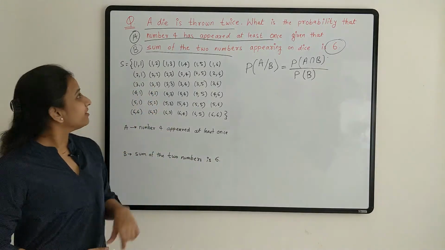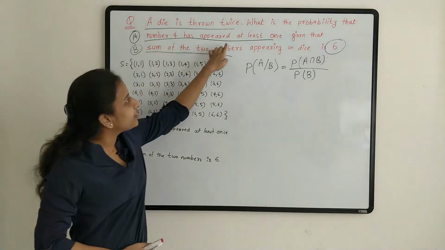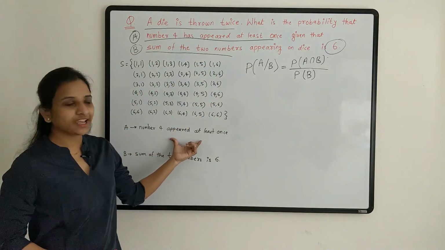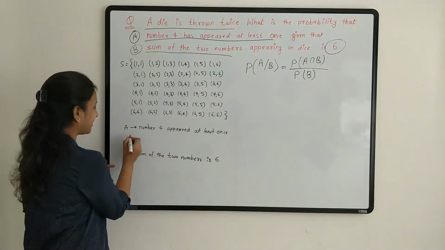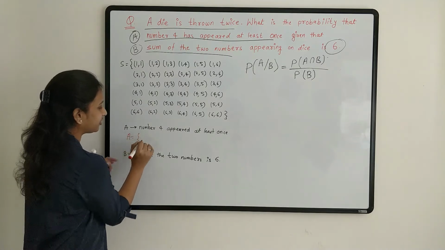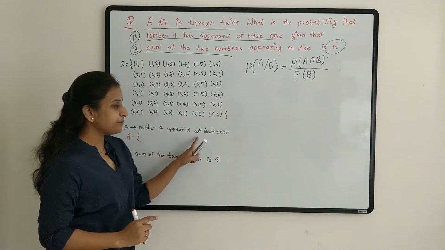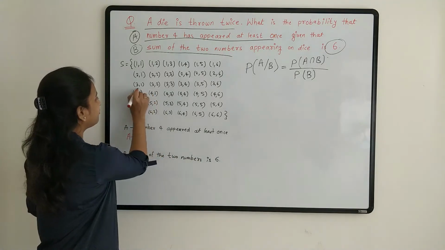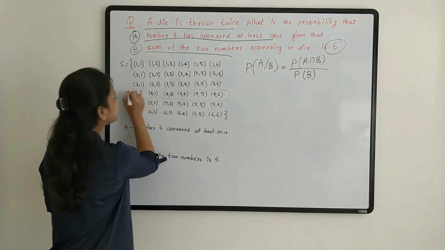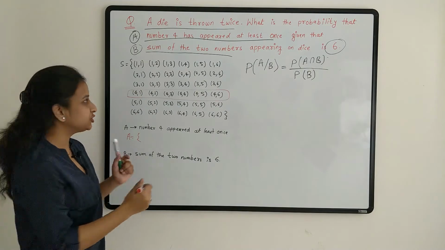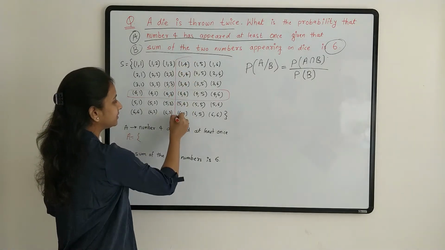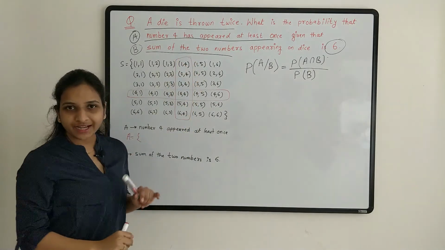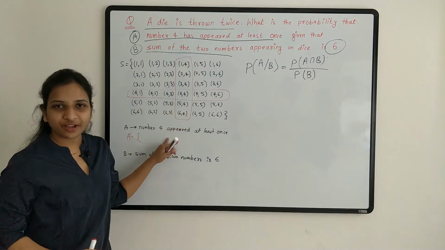Then what is event A? Number 4 has appeared at least once. Let's find the favorable outcomes for event A. 4 appears at least once means either the first die should show number 4, or the second die should show number 4. This is the favorable outcome for event A.